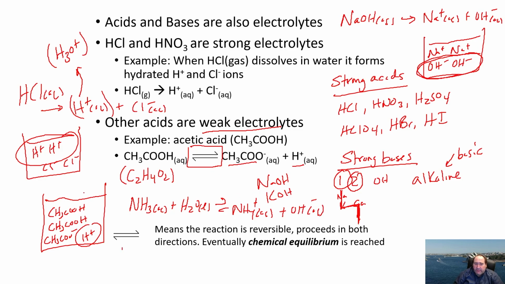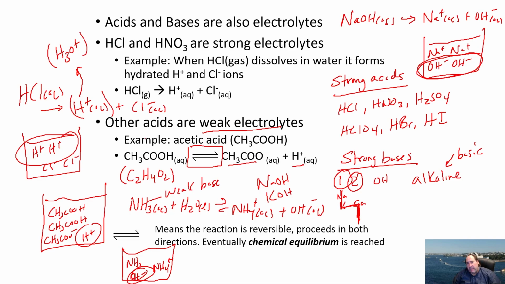In solution, you mainly have NH3 still together, but still able to produce a little bit of hydroxide and NH4 plus. Because it's able to produce a little bit of hydroxide, it's a weak base. So NH3 is a weak base, and again, a weak electrolyte.